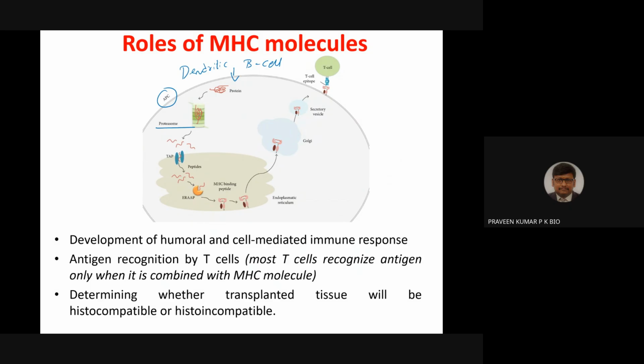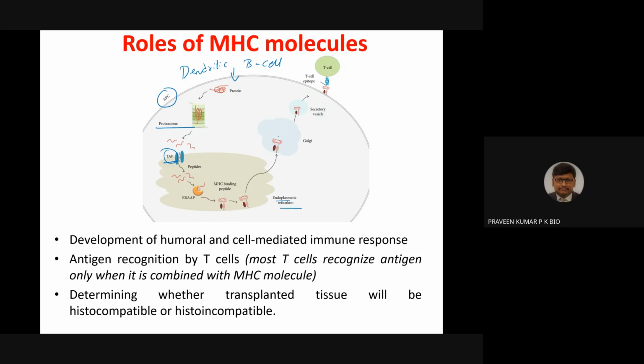Proteolytic degradation is going to happen to the viruses or bacteria that get inside, and the proteins that get inside the proteasome are going to degrade into small peptides. These peptides are transported through the transporter associated with antigen processing, present in the endoplasmic reticulum, and are then transported further to the MHC and presented on the surface.